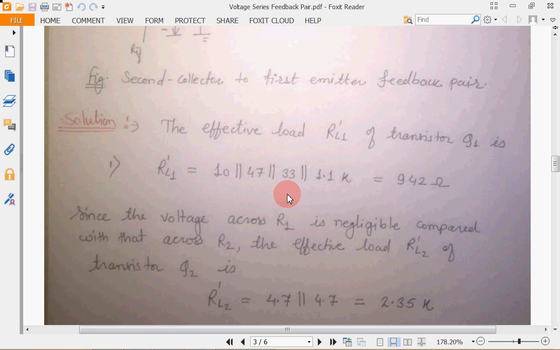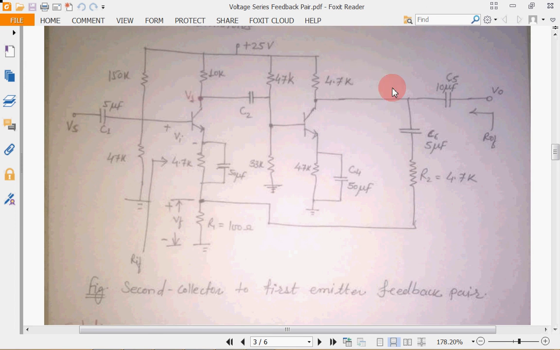Now let us find out what will be the load resistance of the second stage, that is Q2. So load resistance of the second stage will be what? This resistance, that is the collector, is connected to the collector. So again, because of the AC model, what will happen?